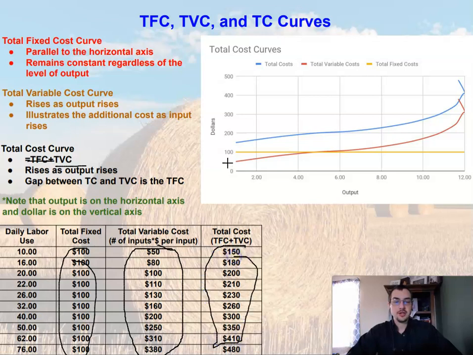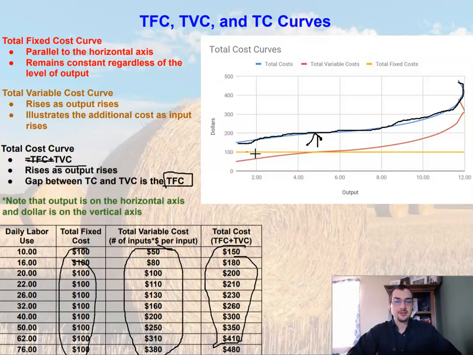This total cost curve is going to look identical to the total variable cost curve, only it's going to be moved further up on this graph. It's going to be higher on this graph. Why is that? Because that gap in between is equal to the total fixed cost. We're adding the total variable cost plus this total fixed cost.